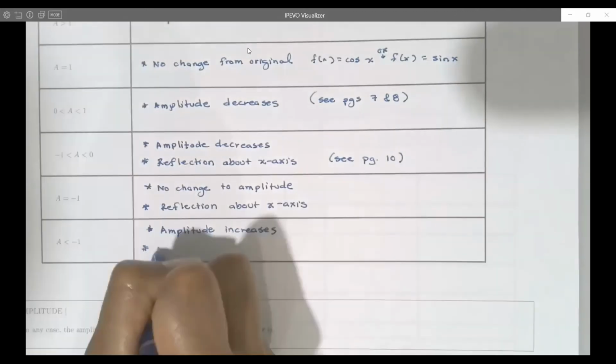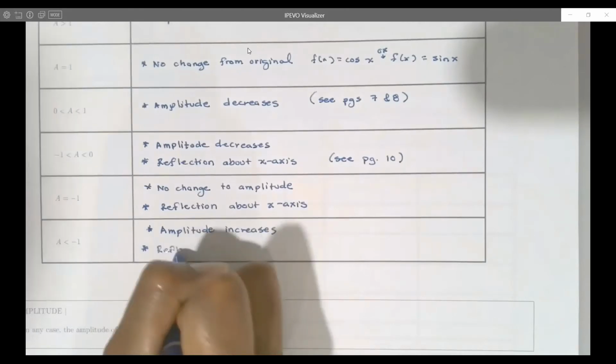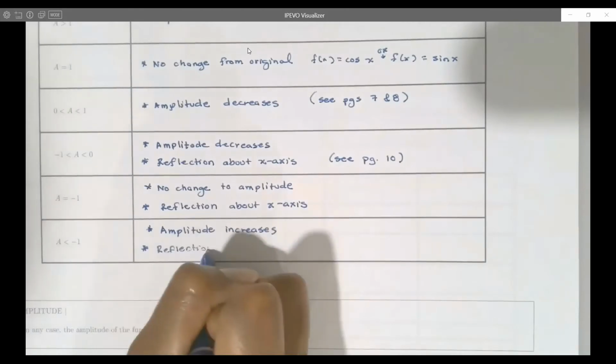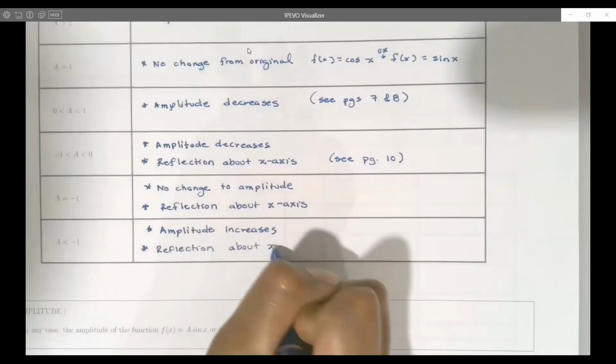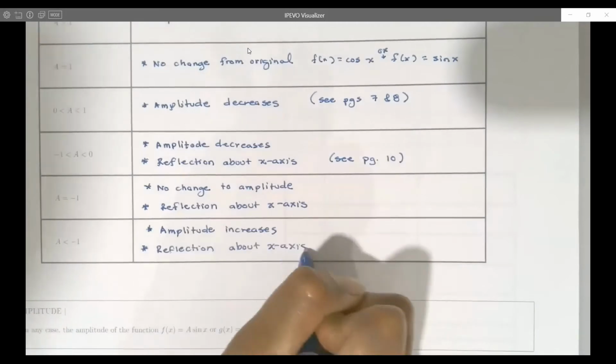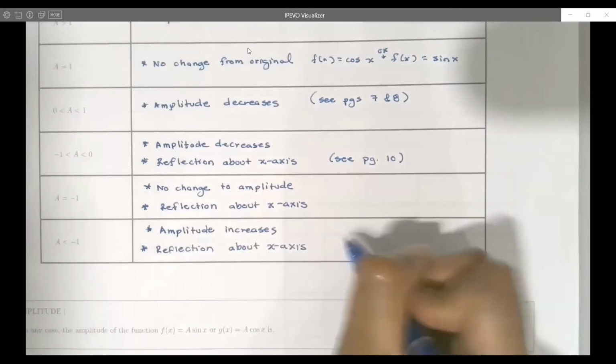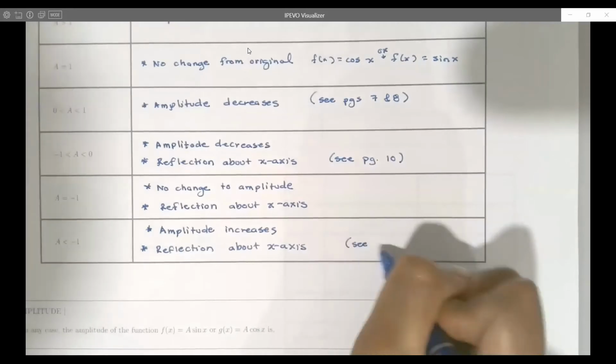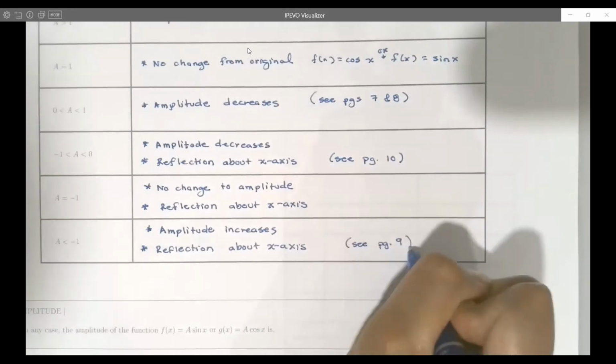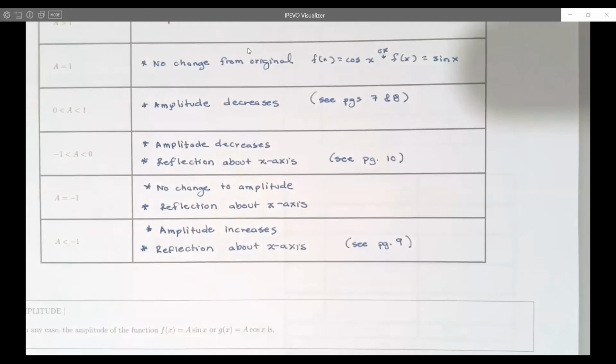And then because of the negative, we will also see a reflection about the x-axis. We can see an example on page 9. Okay, any questions there with the summary?